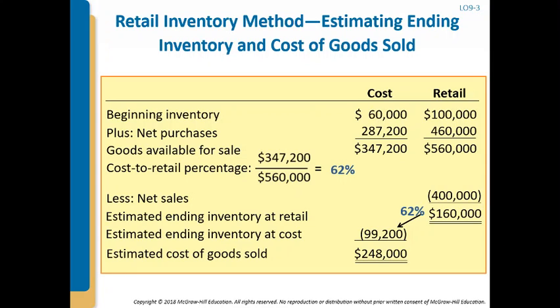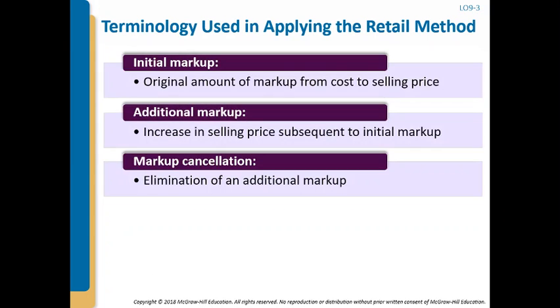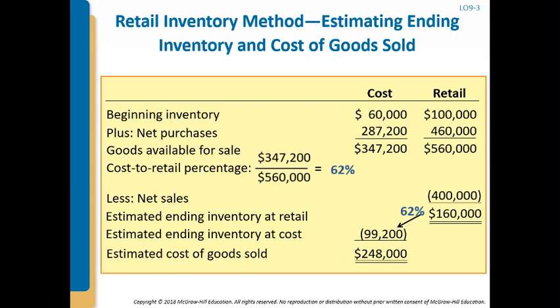And so this provides a more accurate estimate than the gross profit method because it's based on the current relationship between cost and selling prices rather than the historical gross profit ratio.